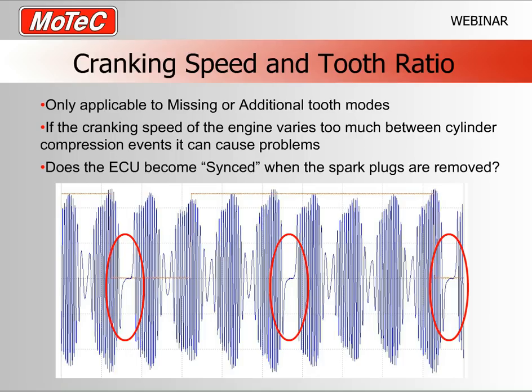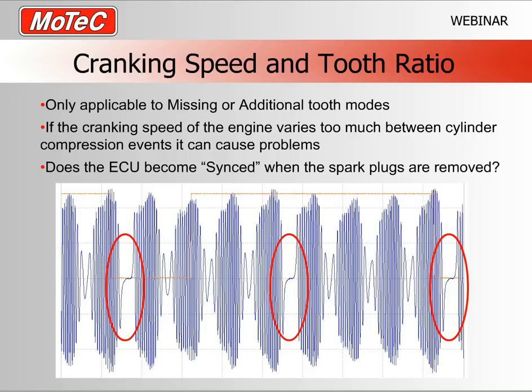One good way to check if you have a cranking consistency problem, if you are pretty sure that everything else in your setup for ref and sync is correct, but the ECU still won't sync as you crank the engine, is to simply pull the spark plugs out. This will more or less remove our compression strokes, and the cranking should become more consistent.